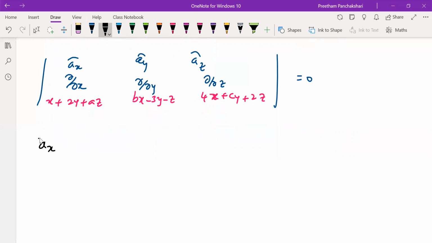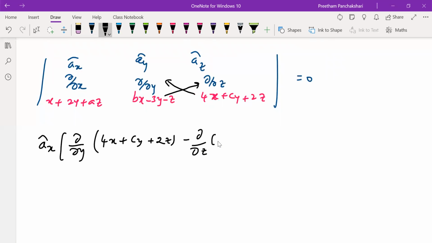First, AX cap, multiply these two, then this product: dou by dou y of 4x plus cy plus 2z minus dou by dou z of bx minus 3y minus z. This is the x component.